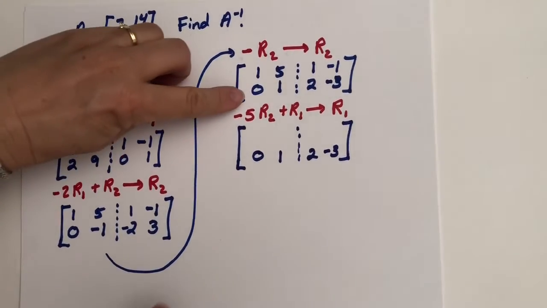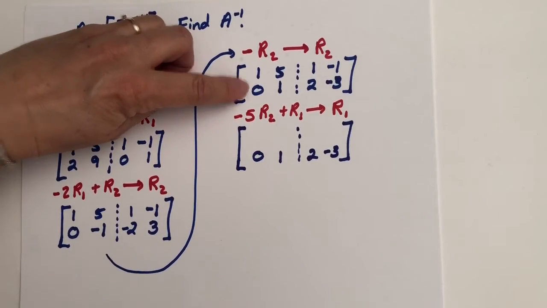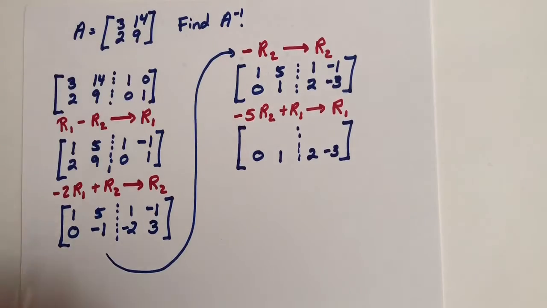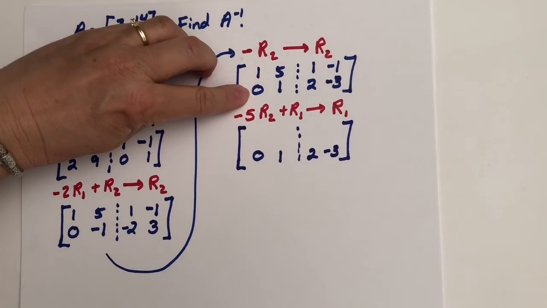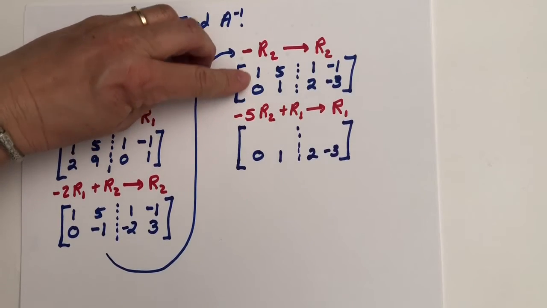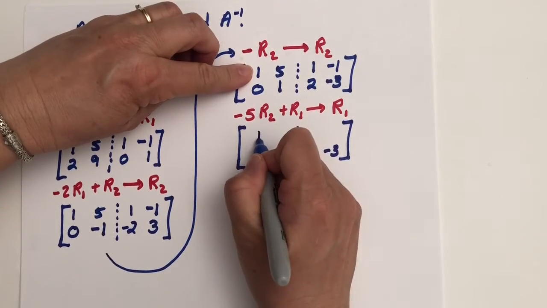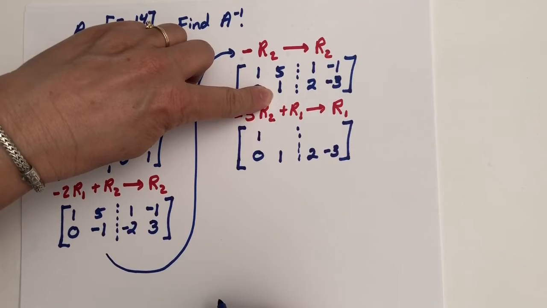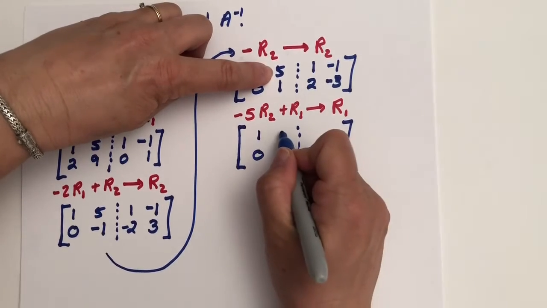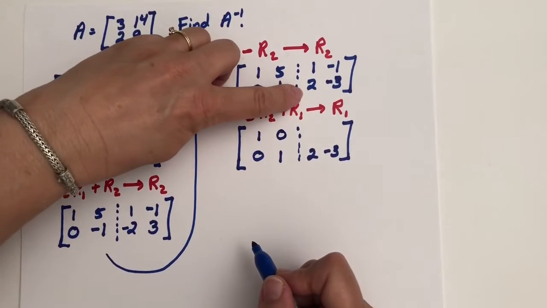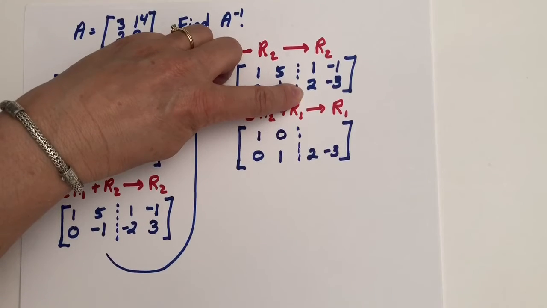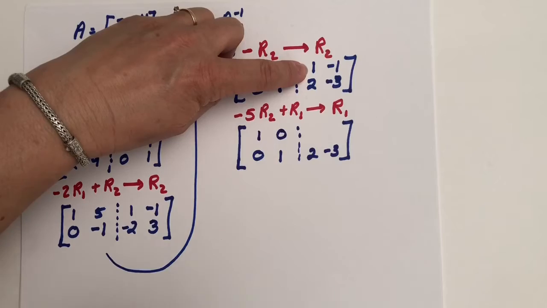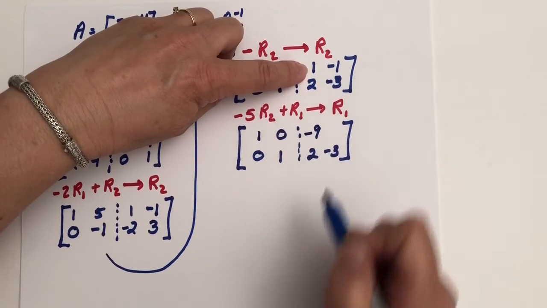So we're multiplying by negative 5 and adding, and notice because we have a 0 here, we don't lose our 1. So negative 5 times 0 is 0, plus 1 is still 1. Negative 5 times 1 is negative 5, plus 5 is 0. Negative 5 times 2 is negative 10, plus 1 is negative 9.